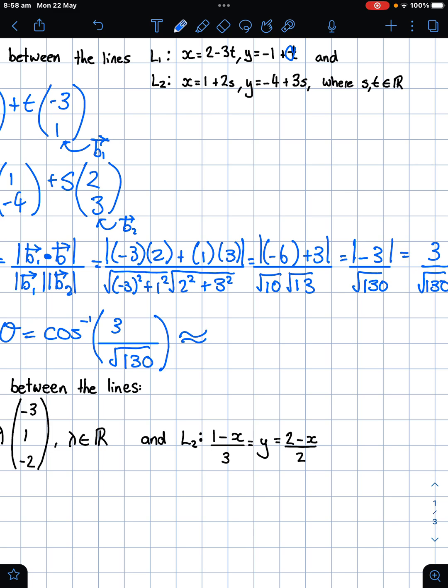And if I put that in my calculator, I should have got my calculator out. Inverse cosine of 3 over square root 130 equals 1.3. I'm in radians, so I better fix that. 1.3 doesn't sound right, so do that again, and I get 74.7.